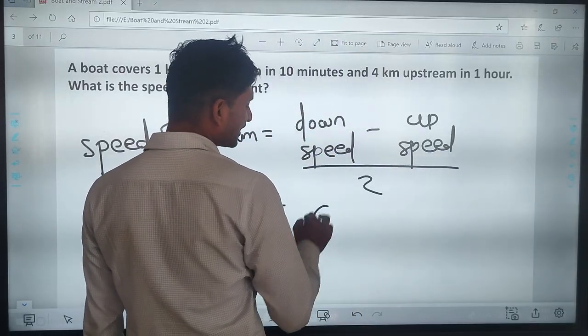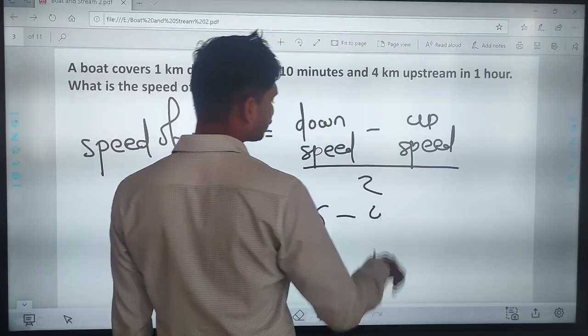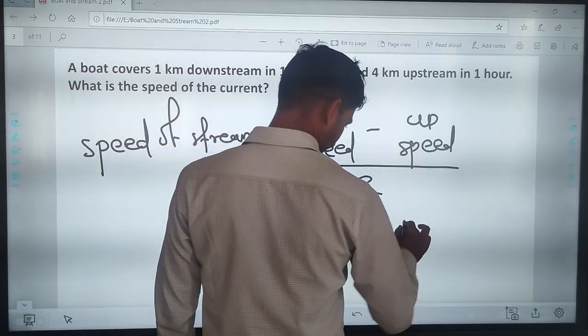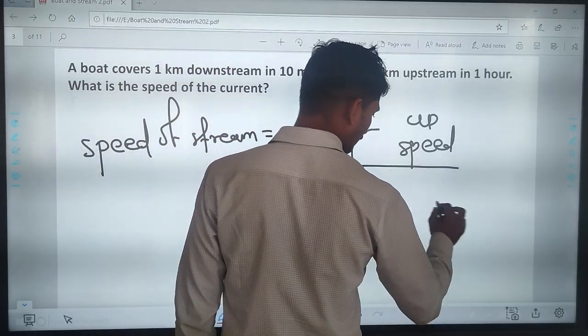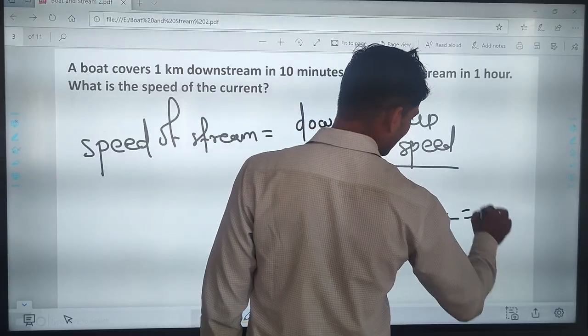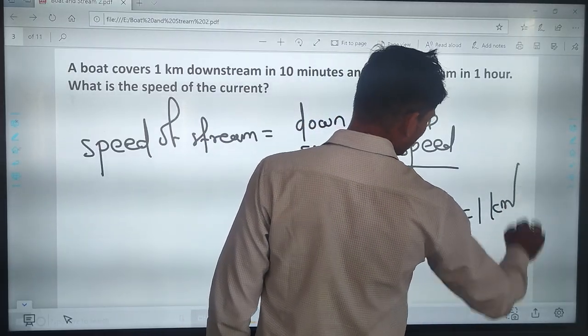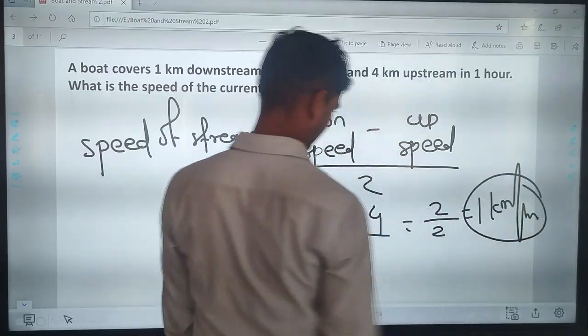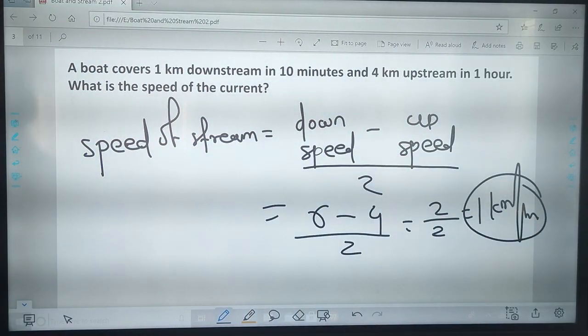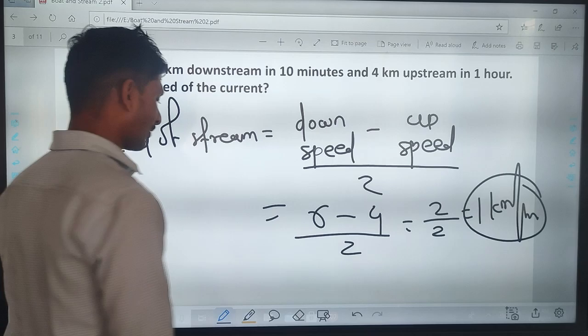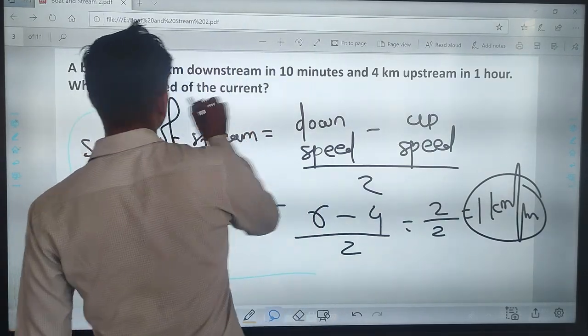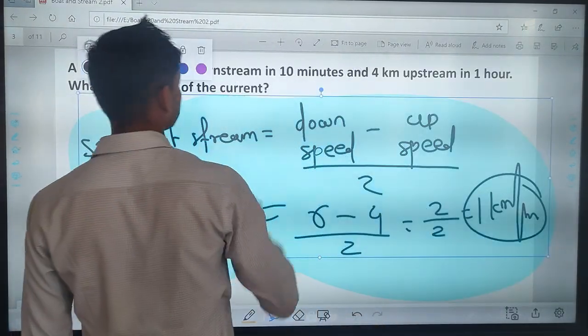Downstream speed is 6, upstream speed is 4, divided by 2. 6 minus 4 is 2, divided by 2, it is equal to 1 kilometer per hour. Then the speed of the current is 1 kilometer per hour.